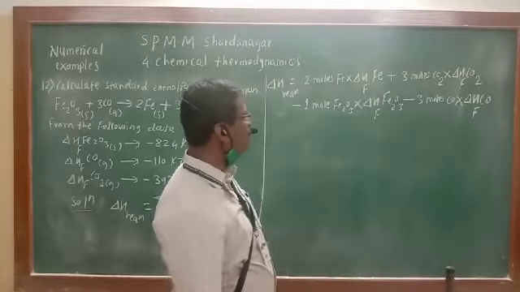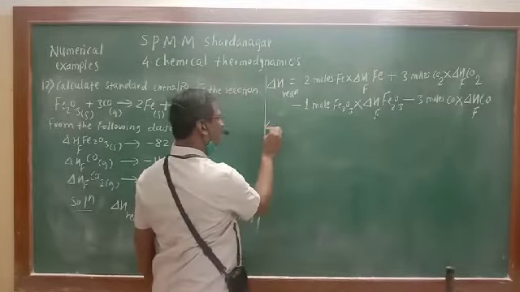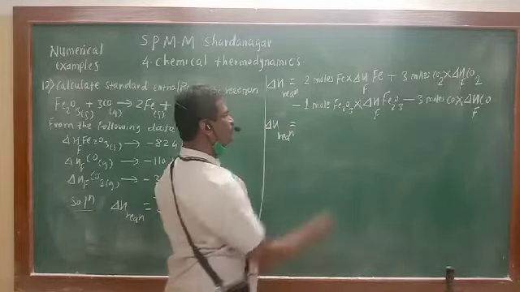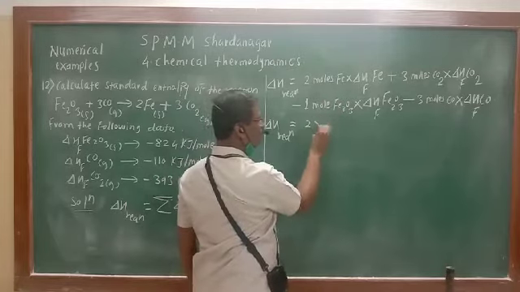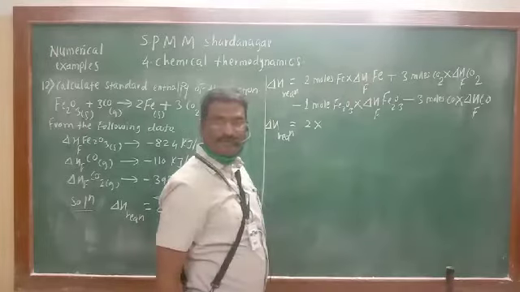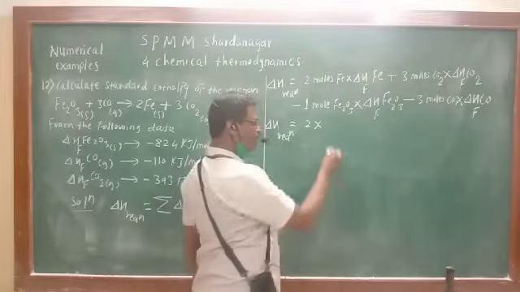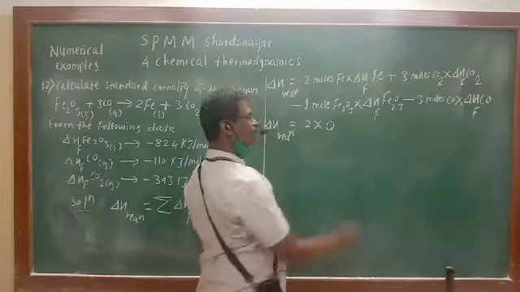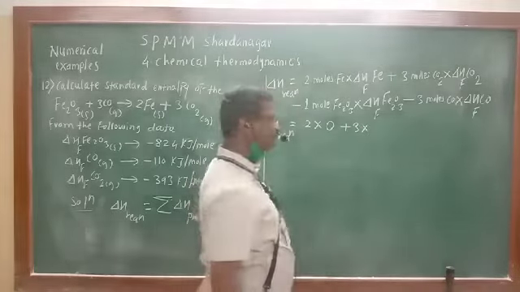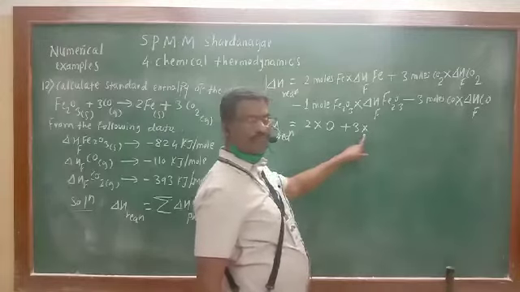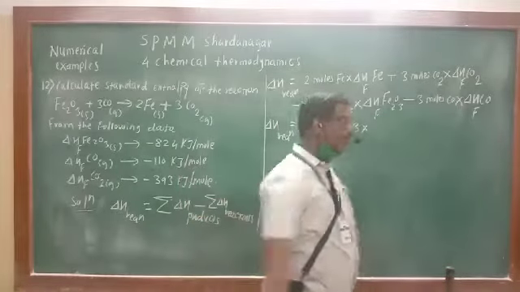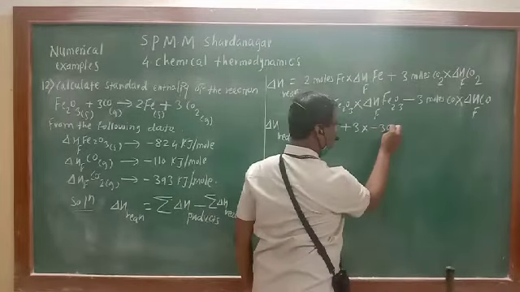Now substitute the values. Delta H of reaction will be equal to 2 moles of Fe, 2 multiplied by enthalpy of formation of Fe. What is the value? I have told here 0, plus 3 moles of CO2 multiplied by enthalpy of formation of CO2. What is the value? Minus 393.